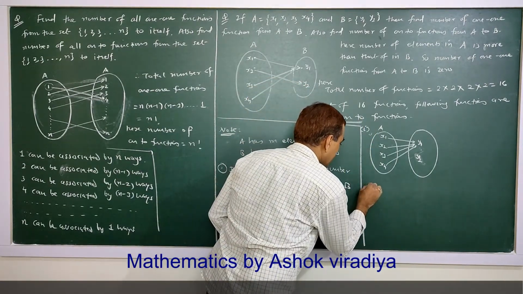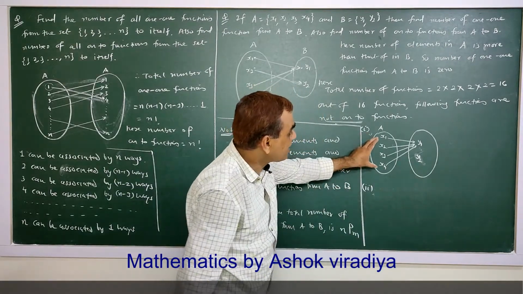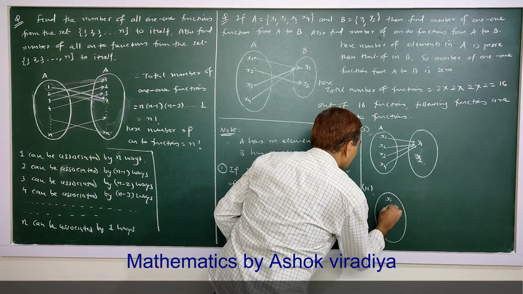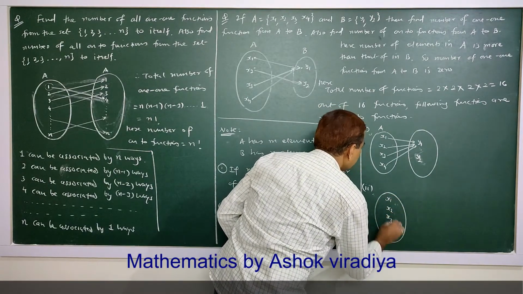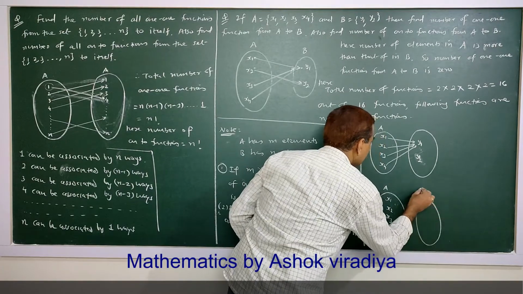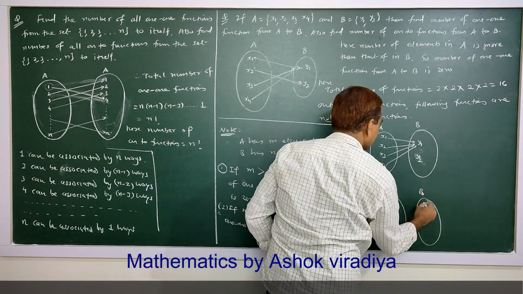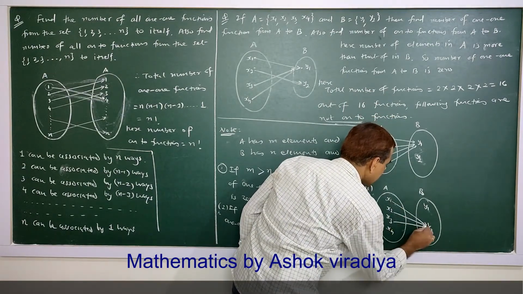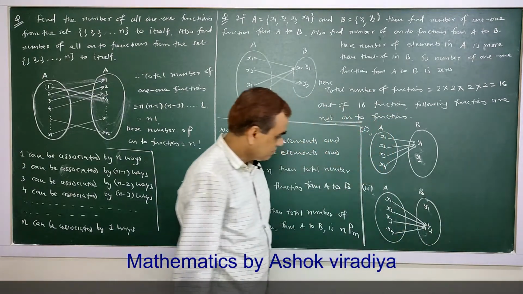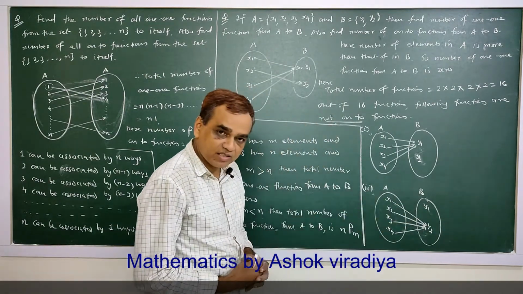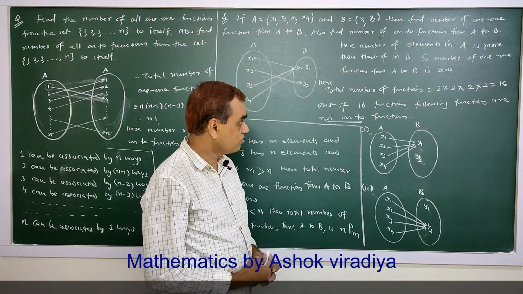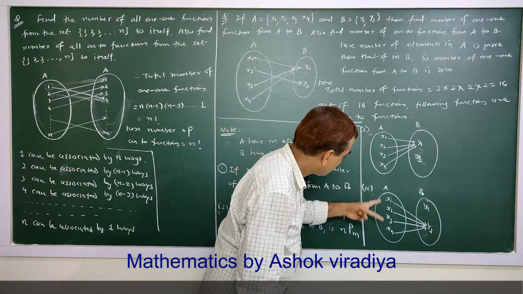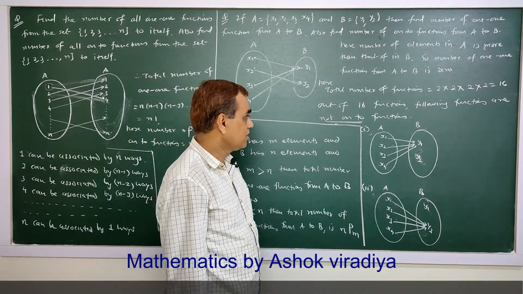Similarly, if we connect all the elements of the first set with y2, then y1 is not the image of anyone, so this is also not onto. So there are 2 such functions.